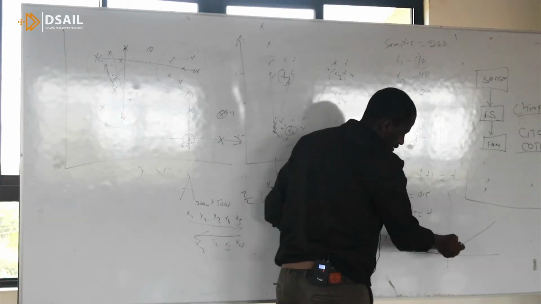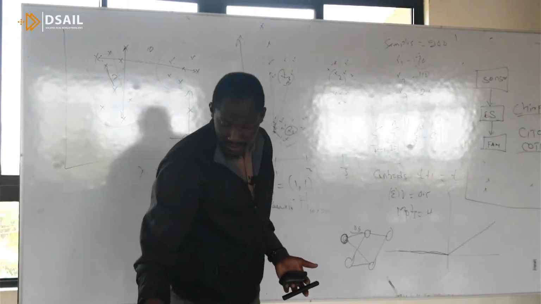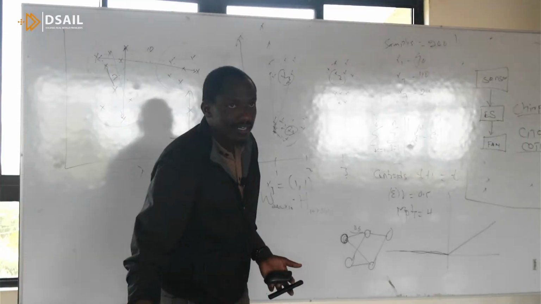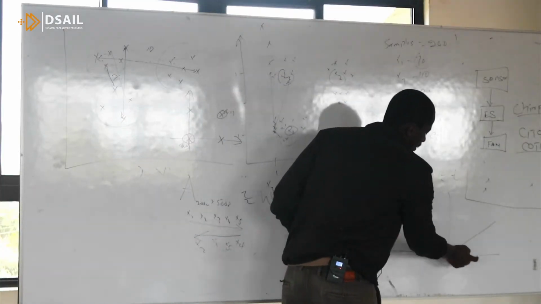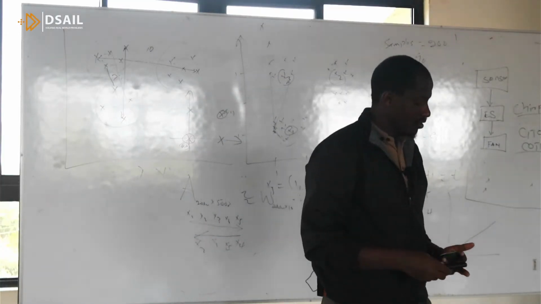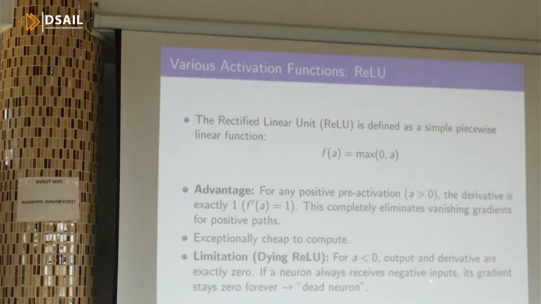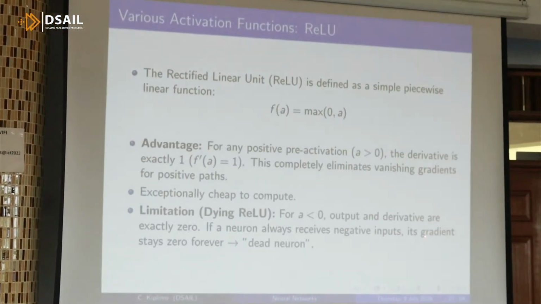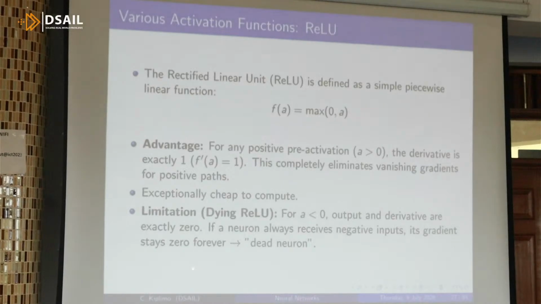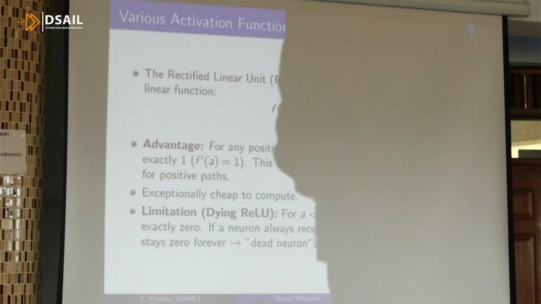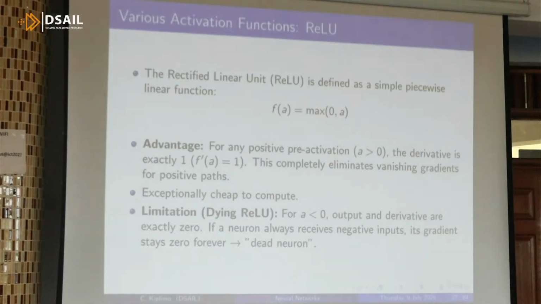You can see that the gradient here is 1, but the gradient here is 0. So if the neuron always receives negative inputs, its gradient stays at 0 forever. That's a problem. If your gradients are staying at 0 forever, you're not learning anything. It's a dead neuron. That's why it's called the dying ReLU problem.